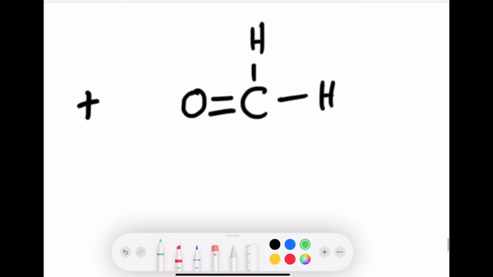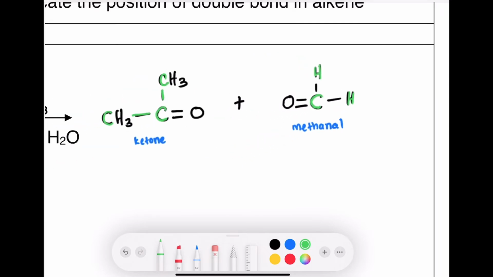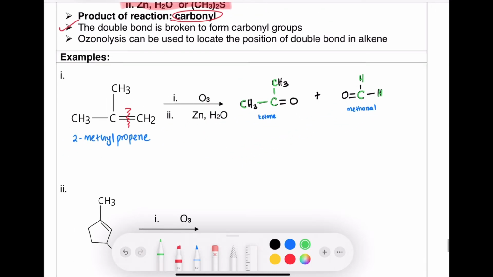And this one we call methanal, because overall in this structure it only has one carbon that is connected with two H. So basically, again, the double bond breaks, and then you just add O.